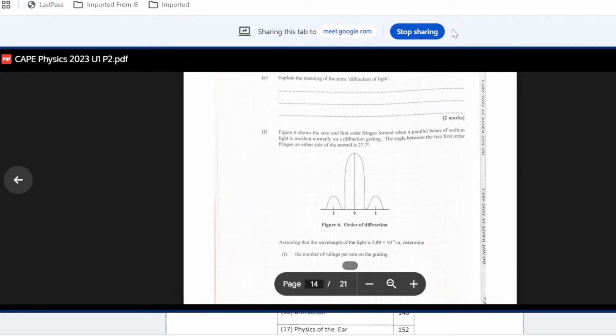We'll have theta. Sir, n is the order, and lambda is the wavelength. Alright, and we know all of that. So we can calculate. So n is 1, right? Yes, sir. And wavelength 5.89 times 10 to the minus 7. And we'll have theta. Alright, so somebody do a quick calculation of d then.